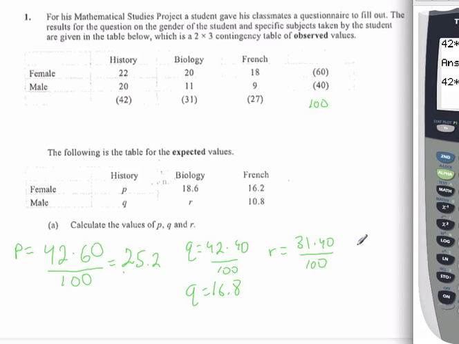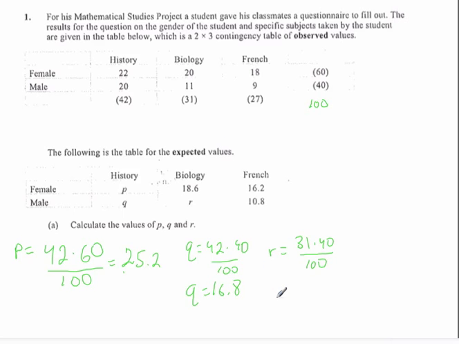And R is going to be 31 times 40, divide by 100, 12.4. So R equals 12.4. So we have 12.4 here, 16.8, and 25.2. Okay, so that's part A.